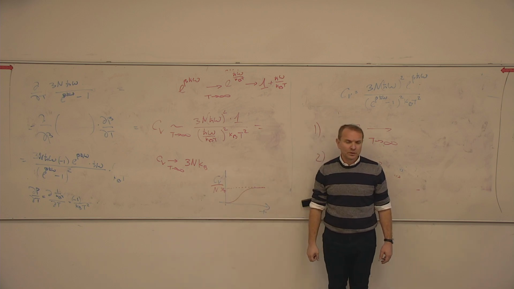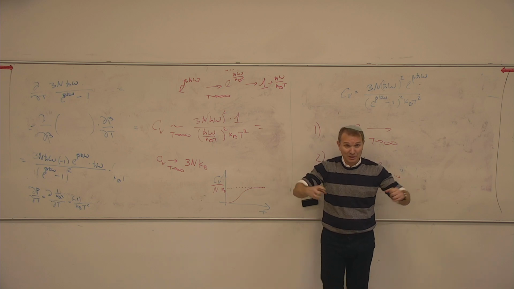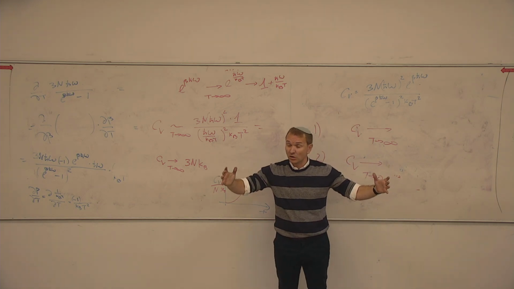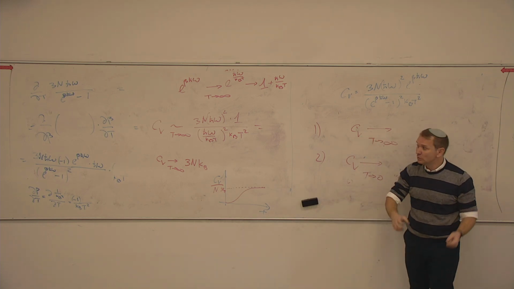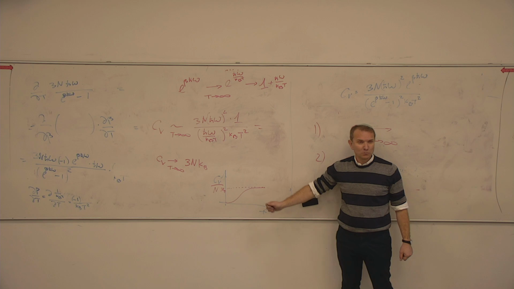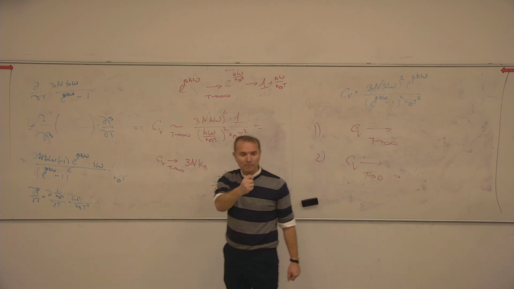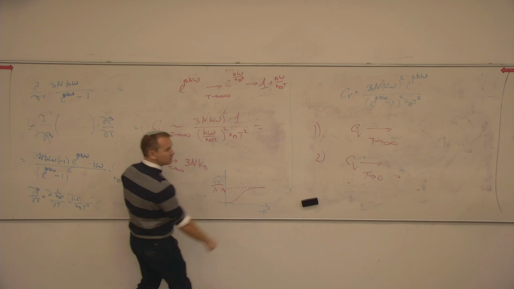High temperatures, particles oscillating somehow, but they are not moving freely because it's still a solid. Those oscillations don't care about the neighbors at all. This is why you have a convergence to a constant. So basically, high temperatures, independence: this is what rules this behavior.